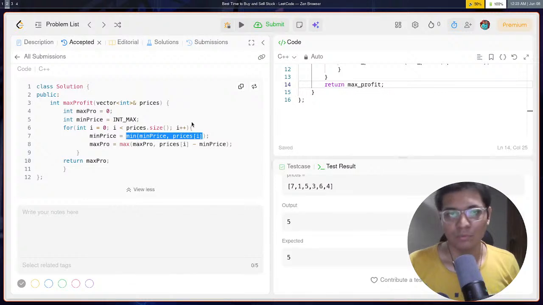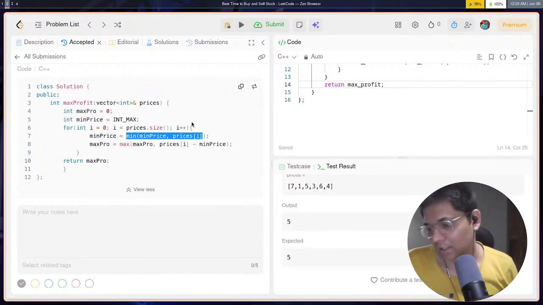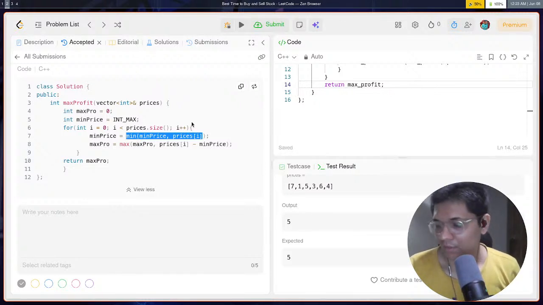If we have the previous value of min price as int max, let's say it is 60, and prices of I is 2, then we will compare 60 and 2 and get 2 because 2 is smaller.